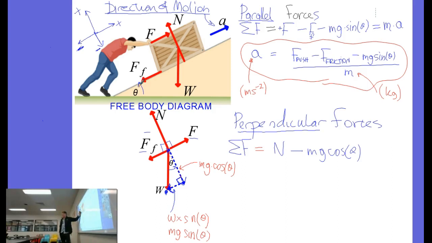No. Because we know by just common sense, when we push a crate up a plane like this, it's not going to bounce off and head off in this direction. Okay, so that will go to a 0, because logically, when we think about it, there is 0 acceleration in this perpendicular direction to the plane. And you've got to use a bit of common sense.